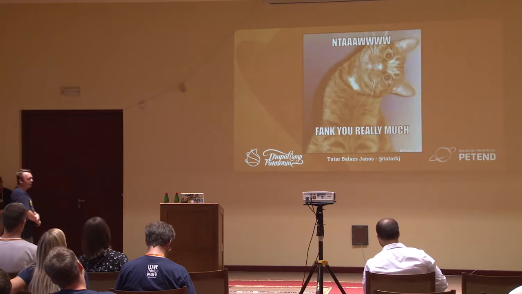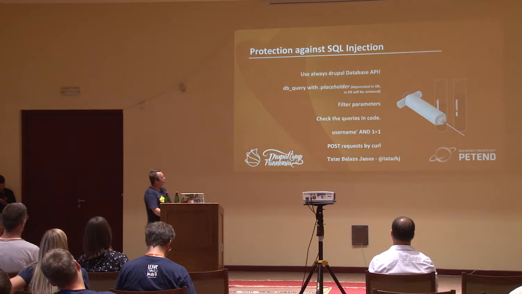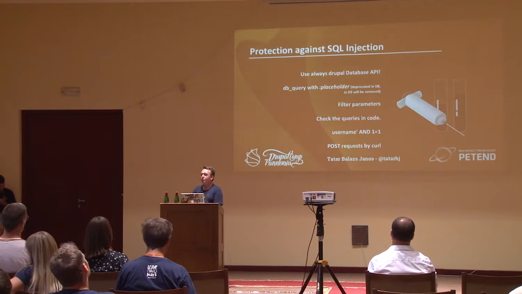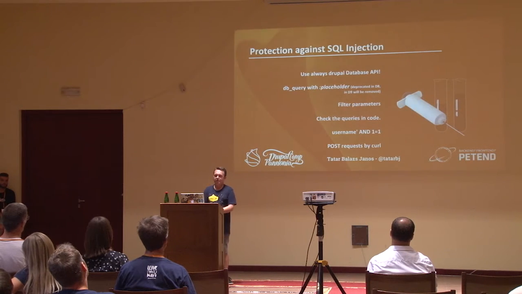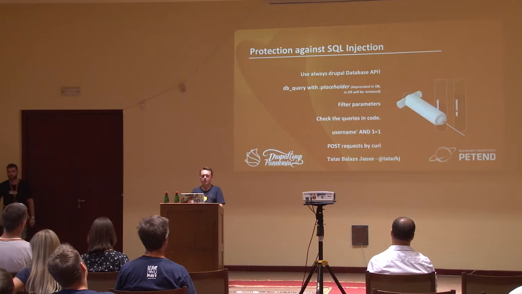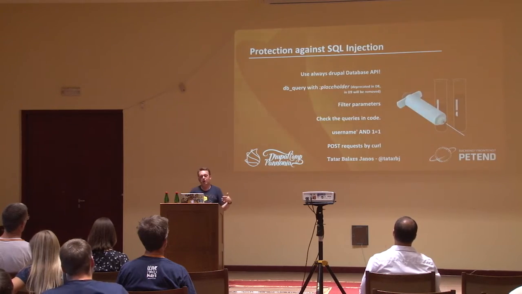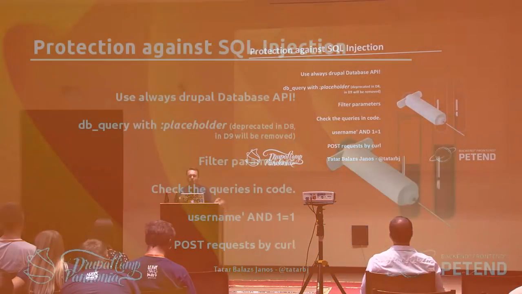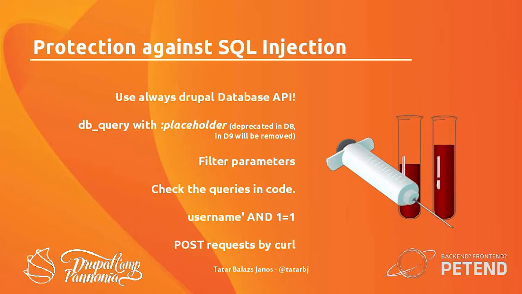Yeah, sorry. So, what we can do basically is to use always and always, in every single case, the Drupal database API. DB query, and also we heard from Christoph, DB select should not be used because there are way more modern or just way better solutions. Still, please do not use DB query, especially in Drupal 8, where it's already deprecated.